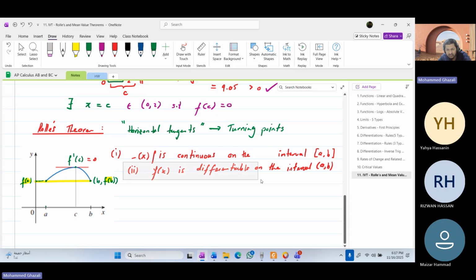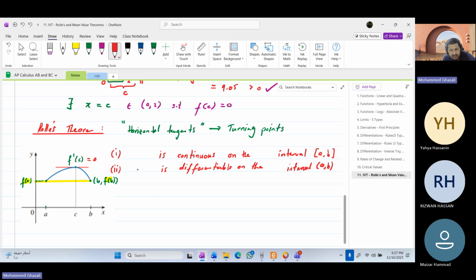It has to be differentiable on the open interval, okay? So f of x is differentiable on the open interval.